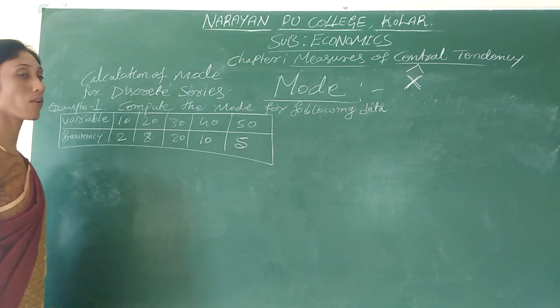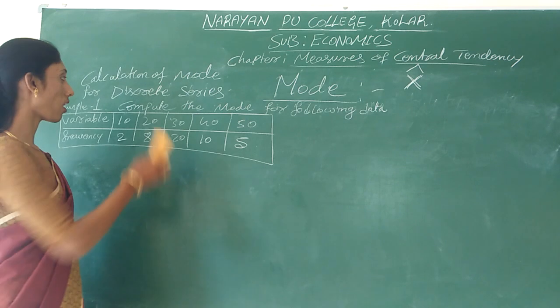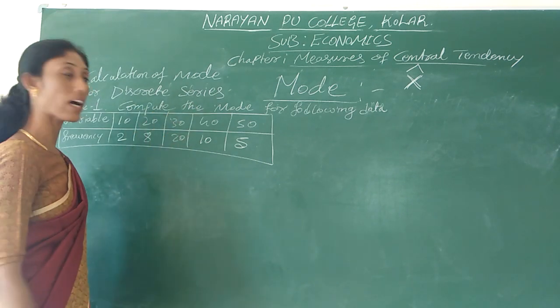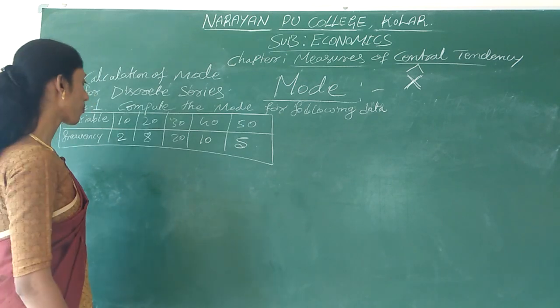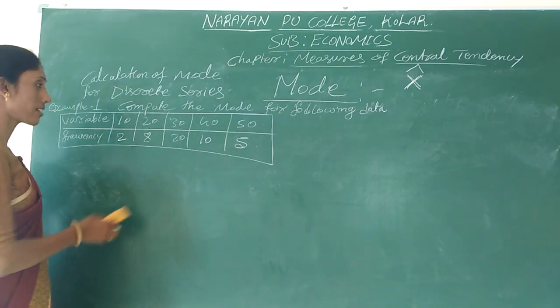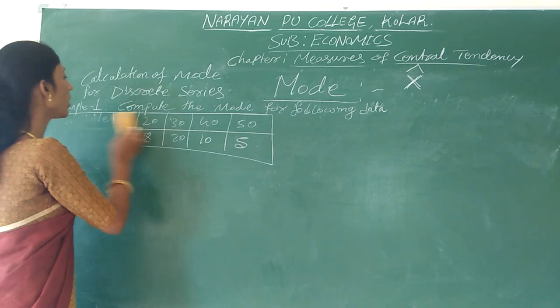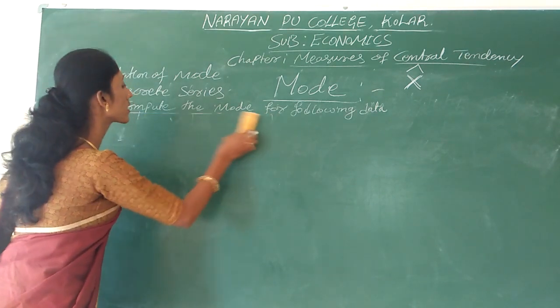For this data, now we need to find out or compute the mode of this particular data. Now they have given it in landscape, we should convert this into vertical lines.